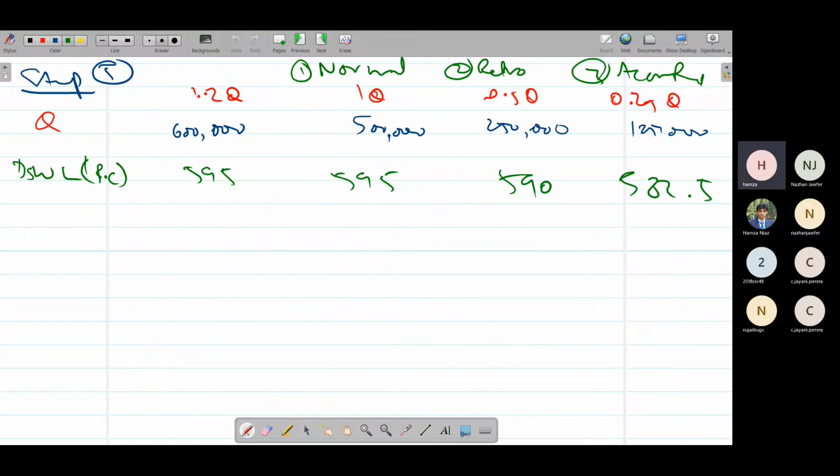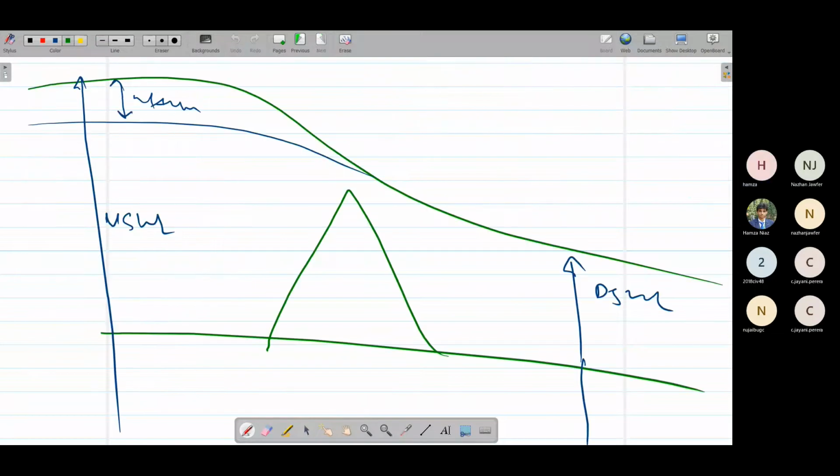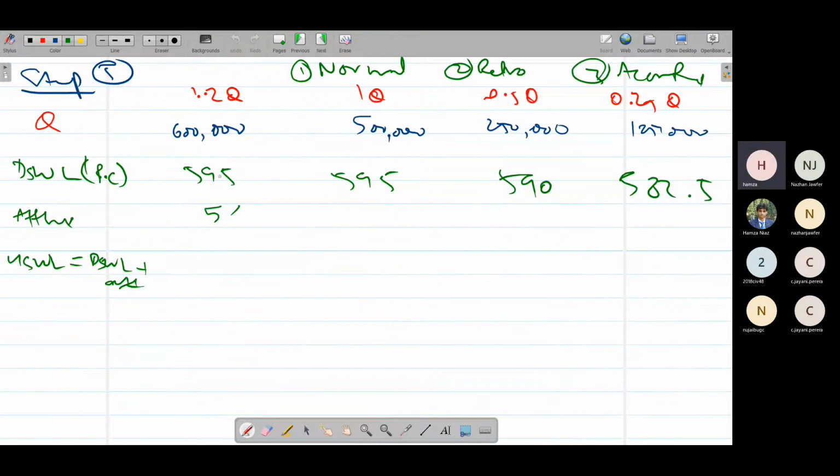So for the second step, we have to assume this afflux value. For example, we are assuming this afflux as 5 feet. For the retrograde state, the afflux value would be higher. The upstream water level is simply downstream water level plus afflux. So simply 595 plus 5, this is 600 feet.